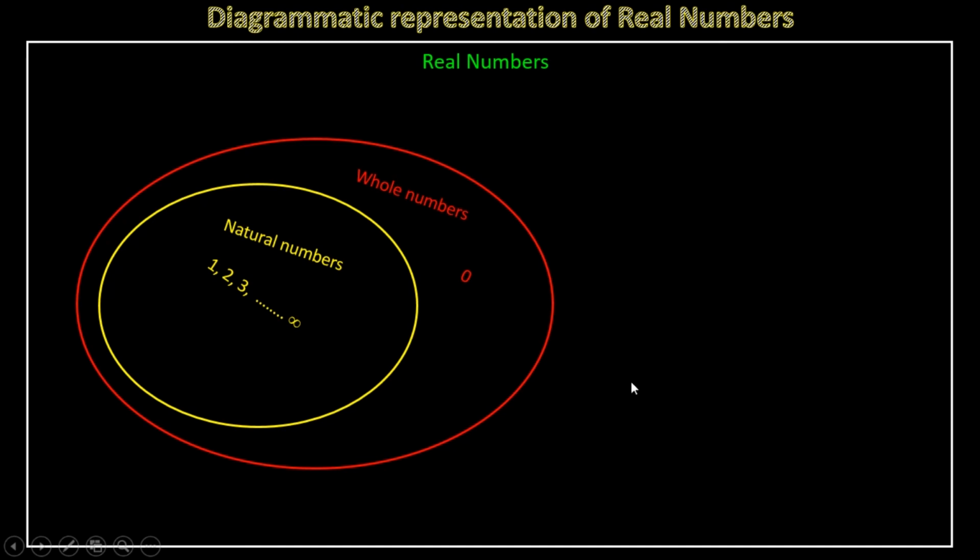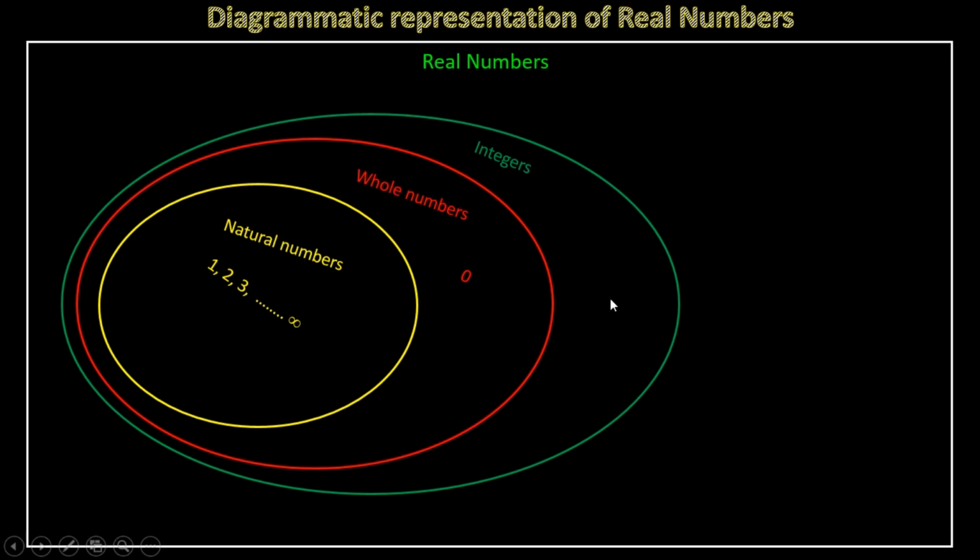Then after that there are integers. This dark green ellipse represents the integers. Integers are like negative integers, minus 1, 2, 3 up to minus infinity, and there is 0 inside the integers also, and the natural numbers 1 2 3, the positive numbers, are also inside the integers.